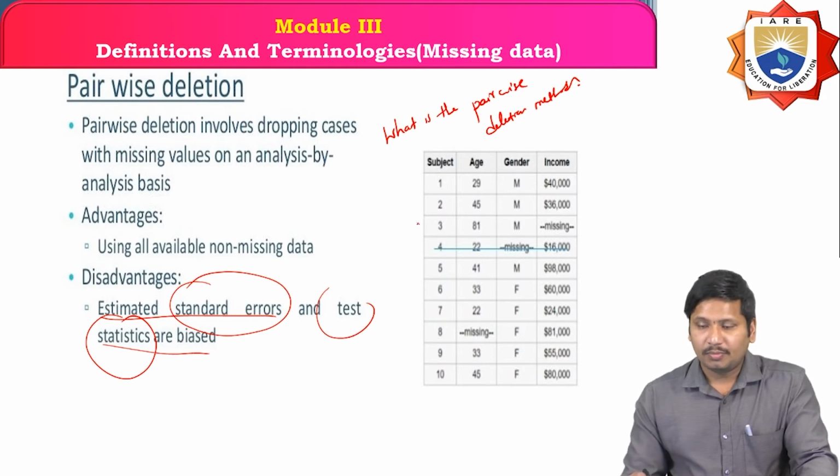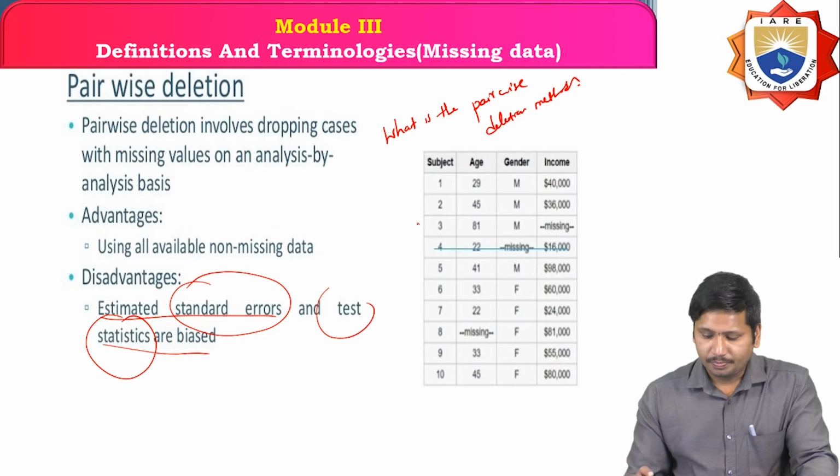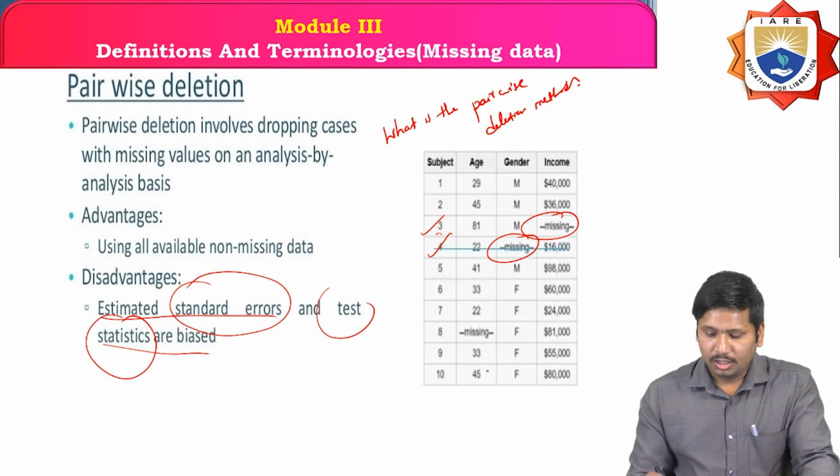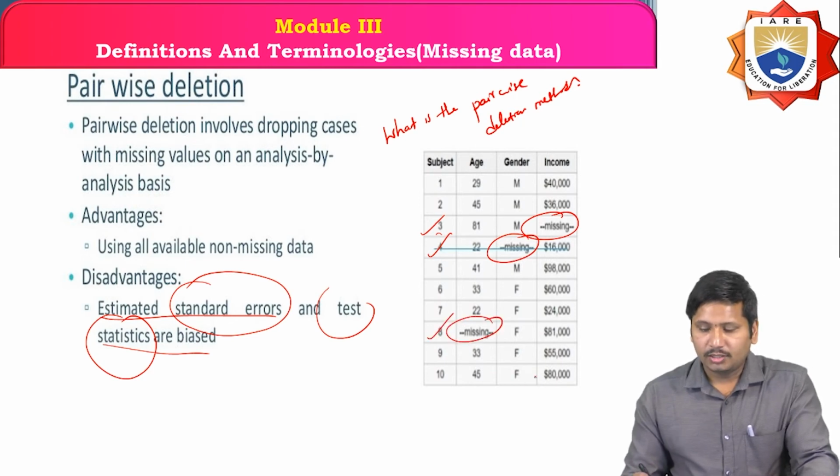Suppose I take the same application here. For subject 3, income is missing, for subject 4, gender is missing, and for subject 8, age is missing. Out of this, what analysis do I have to do?